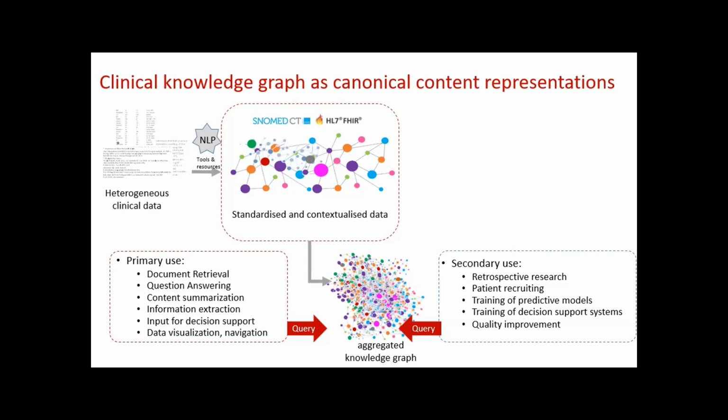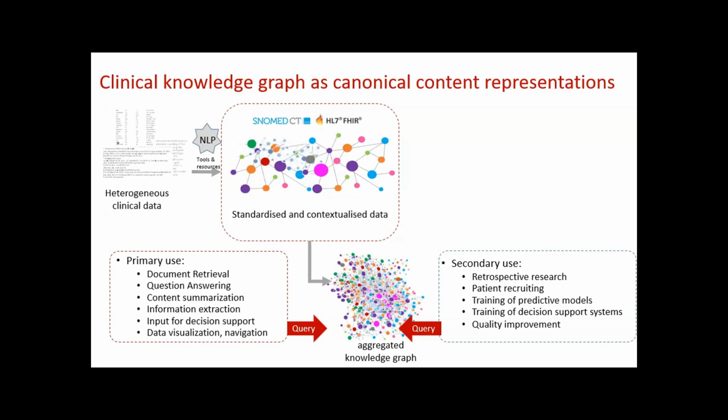Such a graph-like structure could then ideally be aggregated with many other graphs and queried by a large range of use cases. Normally we distinguish between primary and secondary use cases. A primary use case could be question answering or document summarization.